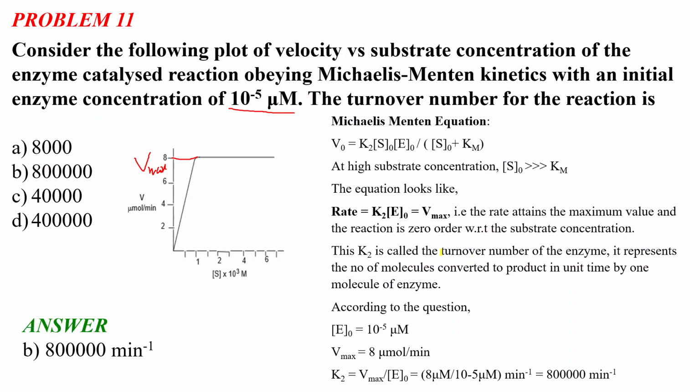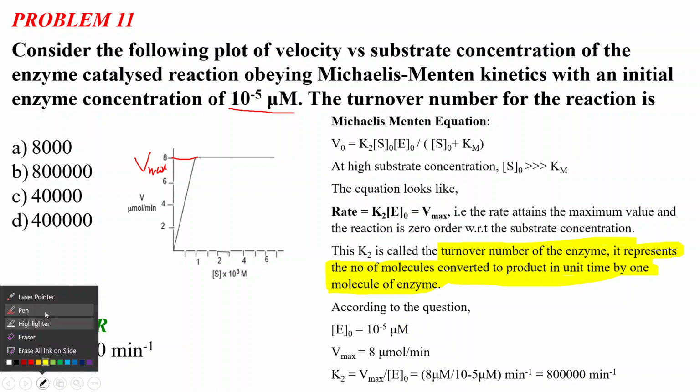You should know what the turnover number of the enzyme is, because it is very important if you have to compare various enzymes on the basis of their activity. It is done on the basis of the turnover number of an enzyme. The higher the turnover number, the more the activity. So the turnover number represents the number of molecules converted to products in unit time by one molecule of enzyme.